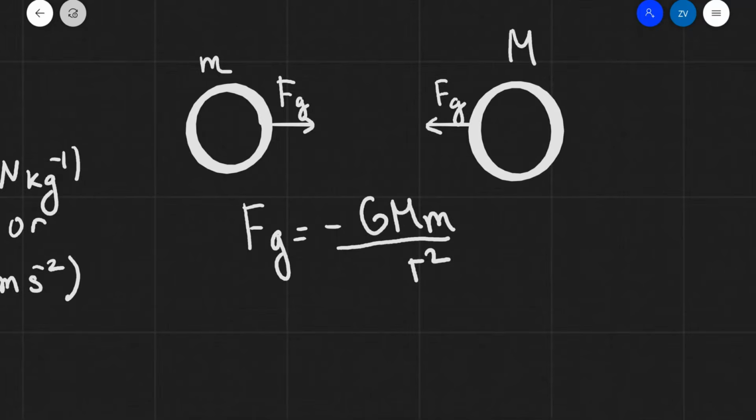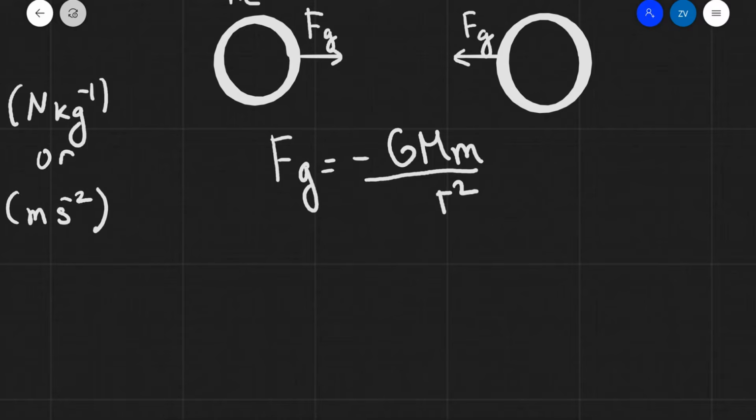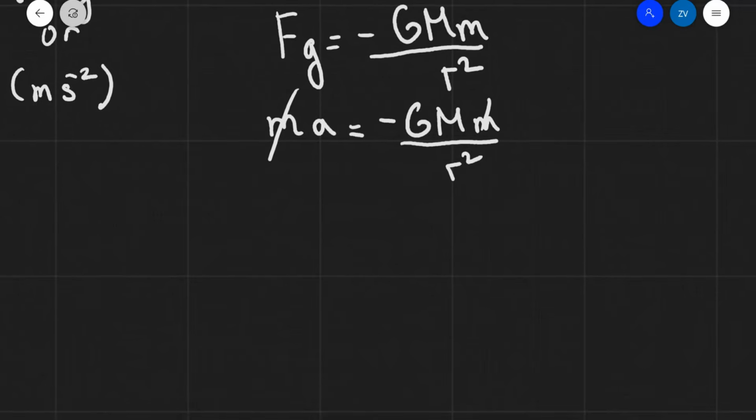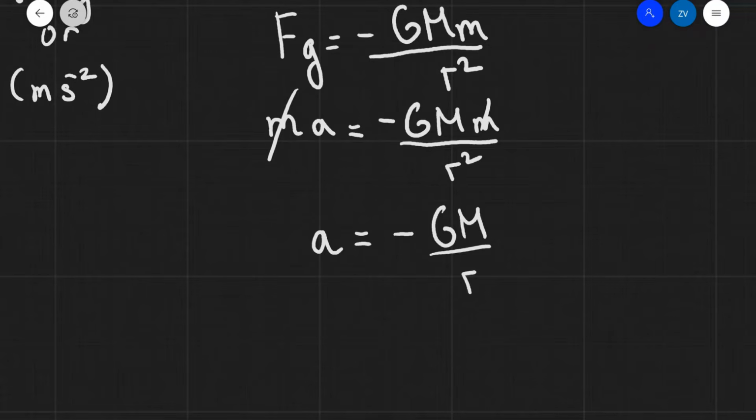Newton's second law says that the net force acting on an object with constant mass is essentially equal to ma. We can set the left-hand side of the equation equal to ma, and this will be equal to minus GMm over r squared. Notice that those two m's are going to cancel, and we are left with an expression for gravitational acceleration, which is minus GM over r squared.